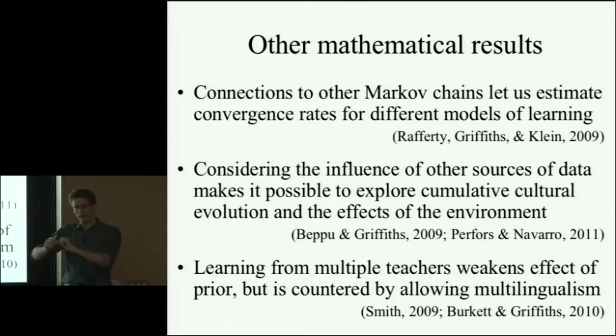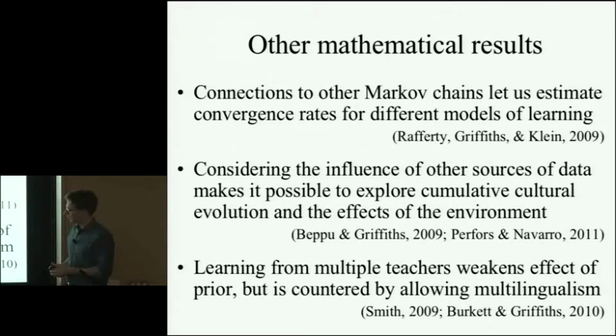We can get a bound on that and ask whether enough time has passed for human languages. We can also look at what happens as other sources of information are integrated into the learning process, such as how information can accumulate over time, or how dependencies between the way that language is used and the structure of the environment influence the outcome of iterated learning.